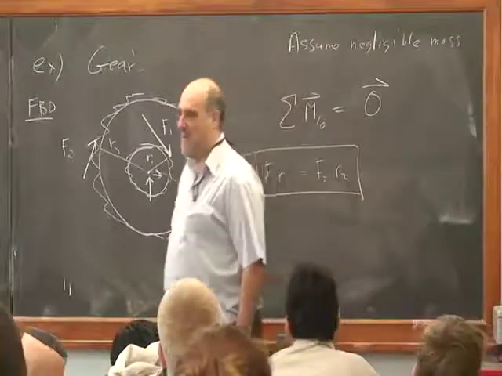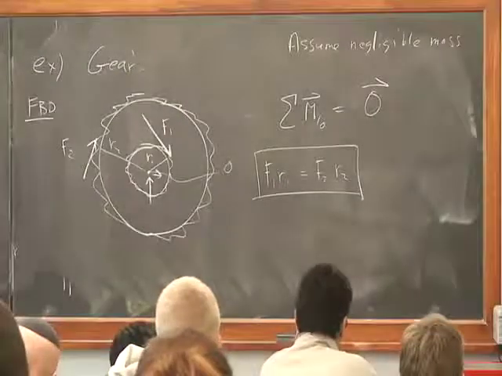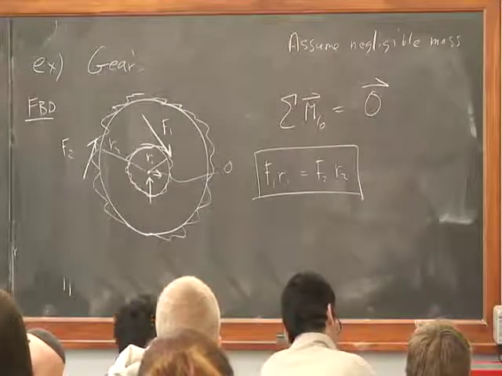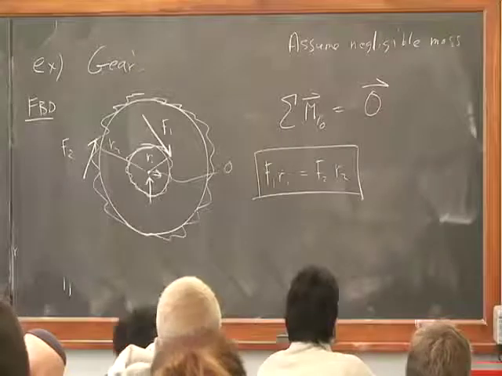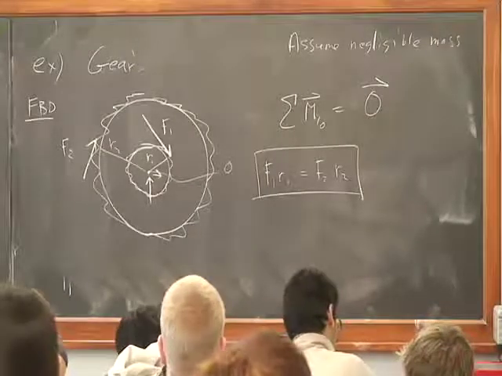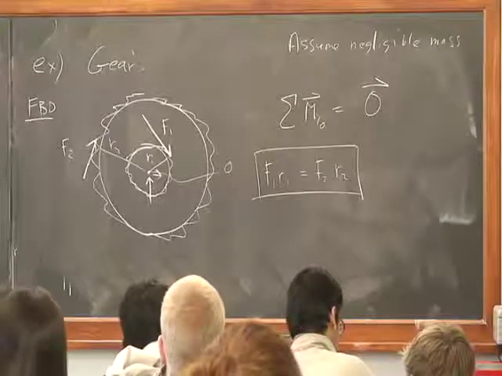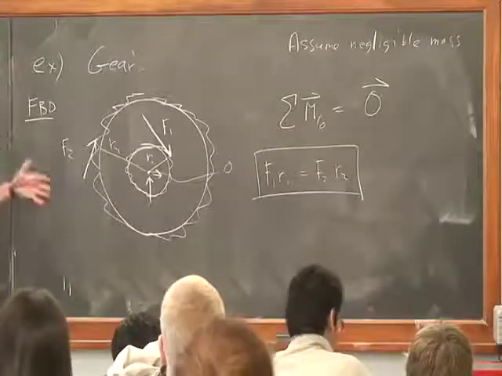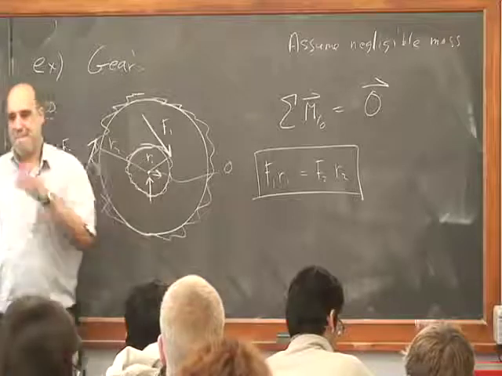So it says that gears are in moment balance, and it tells you a relationship between the forces and the radii of the different points in the gear. And then if you have a gearbox, you have a bunch of these things touching each other.